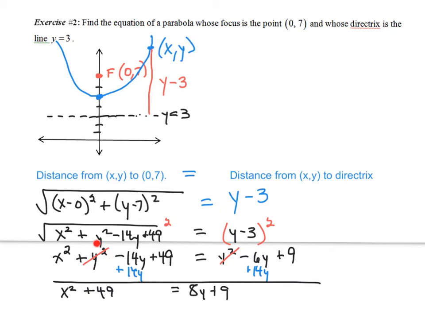So again, let's cancel the y squareds from both sides of the equation. And let's add 14y to both sides so that we now have x squared plus 49 equals 8y plus 9.